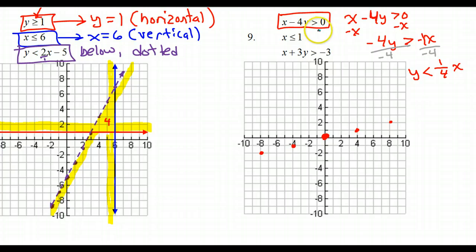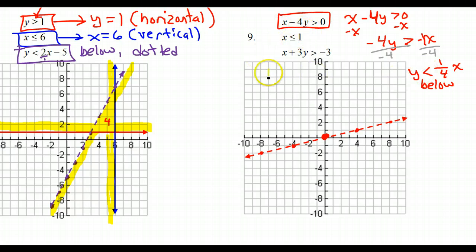Okay. This is going to be a dotted line because it's not or equal to. And this is going to be shaded below the line because it's less than.